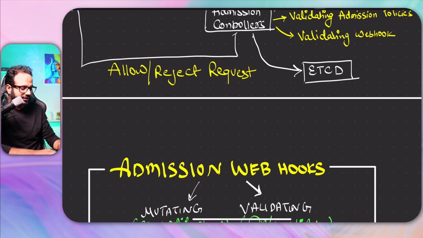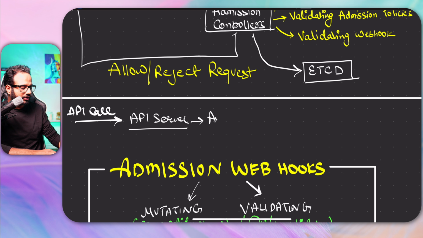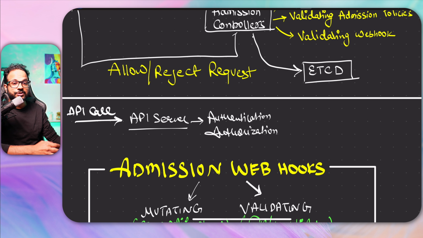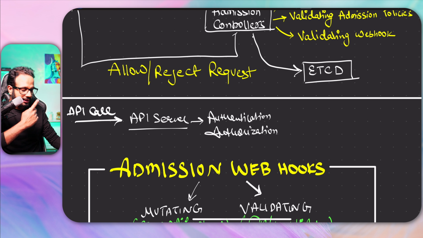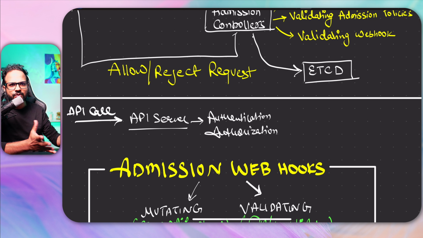So the flow goes like this. You have your user making an API call. The API call then goes to your API server, and then certain steps like authentication and authorization will be performed to make sure your request is valid, make sure the user has enough permissions, and all the required things under authorization and authentication.